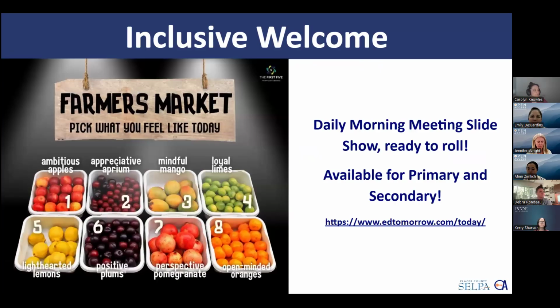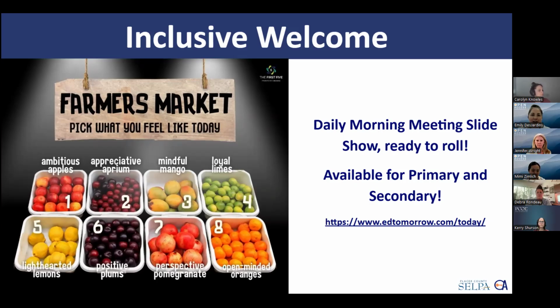As with all of our Open Access offerings, we like to start with an inclusive welcome. This is not something that we have created ourselves, but is instead part of the CASEL SEL Signature Practices Playbook, and CASEL is the Collaborative for Social and Emotional Learning. Today's inclusive welcome is also kind of a hot tip, a fun trick for you as well. As you can see, there's a nice little image here of a farmer's market: pick what you feel today.